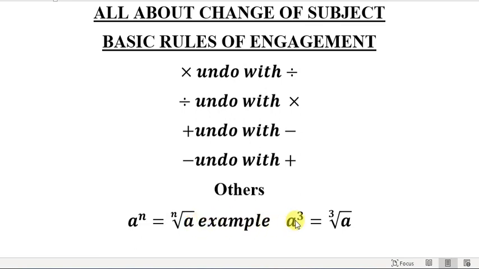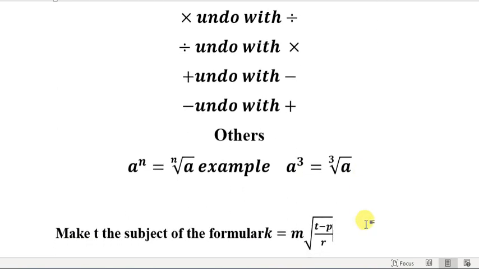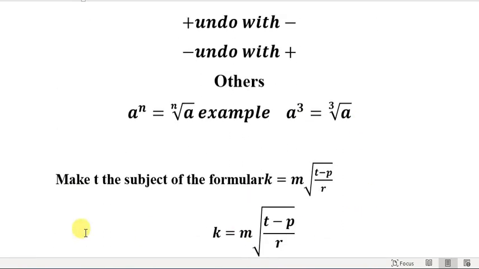In other words, assuming we have a to the power 3, to actually make a the subject of the equation, we will have to find the cube root of a. Let's try to attempt an example here to appreciate what we are trying to draw home.